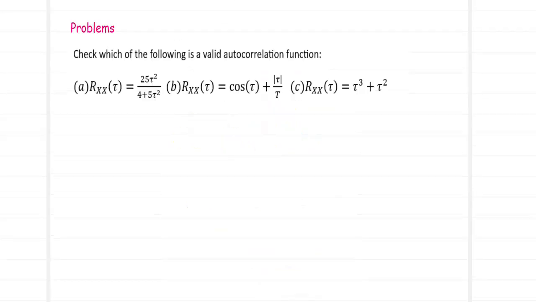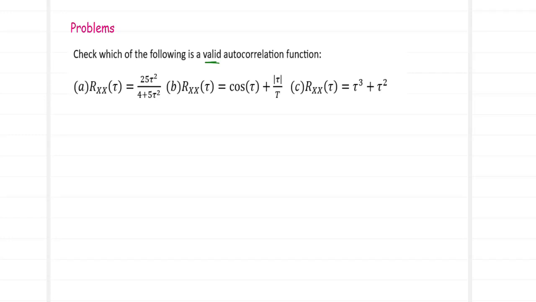The first problem is to check which of the following is going to be a valid autocorrelation function. You have been given a set of problems A, B and C. We will try to recollect the properties of the autocorrelation function which can help us identify whether they are valid or not. How can we check the validity of an autocorrelation function?